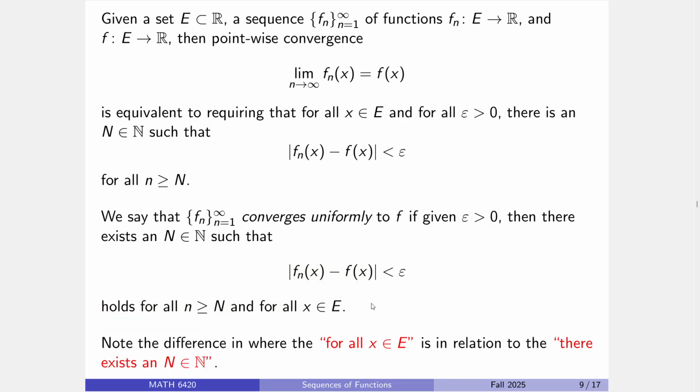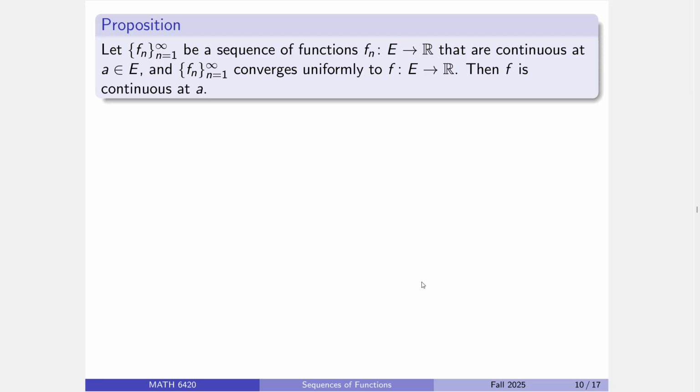So again, the key difference here is the relationship of the for all inputs versus where there exists an n. In normal pointwise convergence, that n is dependent on not just the epsilon, but the point x that we're working at. So uniform convergence, similar to uniform continuity, we're going to want the n to be independent of the input x.